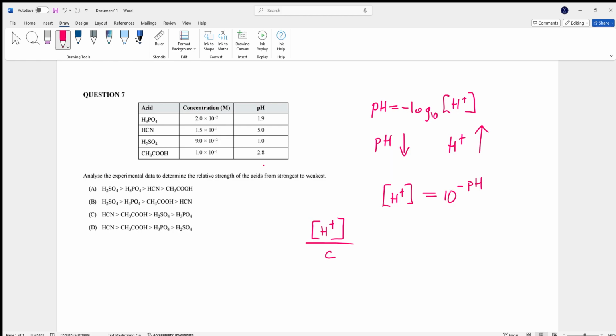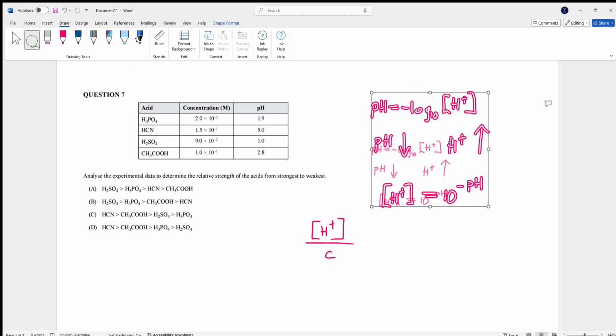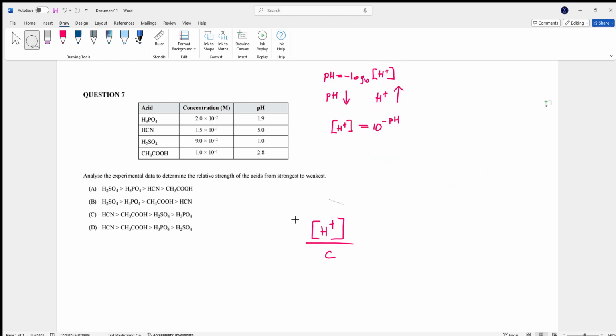So for example, if you have a different concentration for a stronger acid than weaker acid, it can appear more acidic in the long run. So in this case here, we want to compare this ratio rather than just the pH. Okay. Now, whatever has the largest ratio of this will be the strongest, because you'll have the most H+ per concentration. That's what we want to look at here.